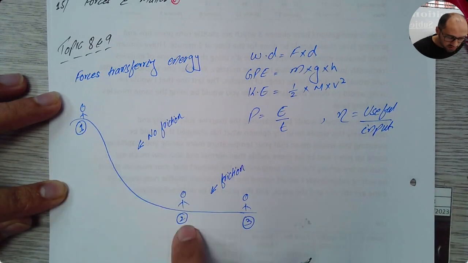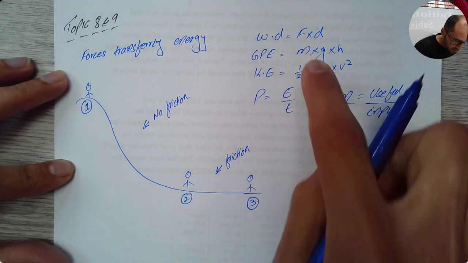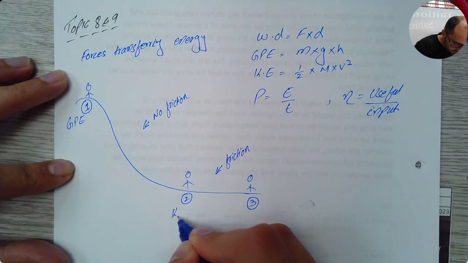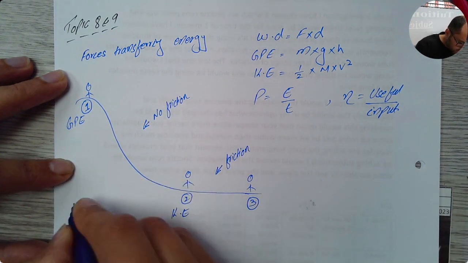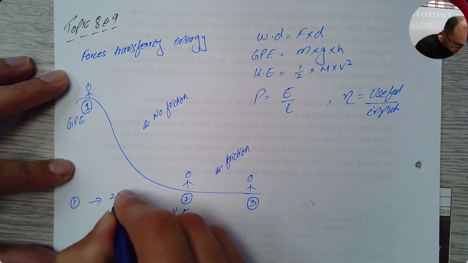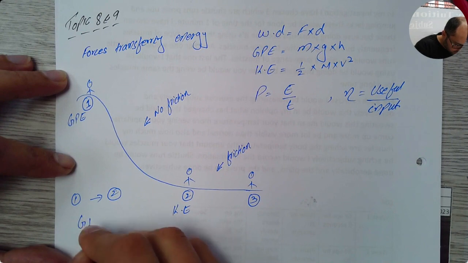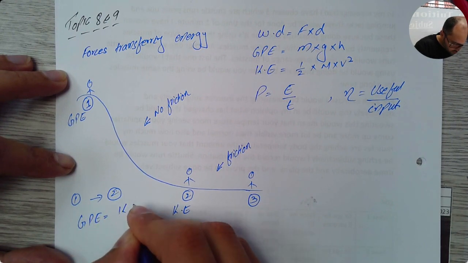If I look at first and second, I can then say at this location it is GPE, at this location it is KE. For 1 to 2, if I assume there is no friction, there will be no losses. I can then say GPE will be equal to KE.